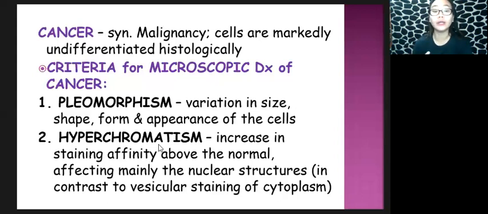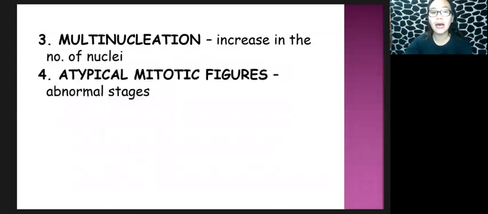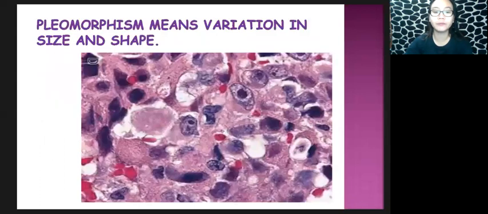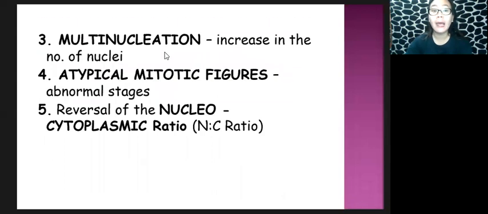This is in contrast to the vesicular staining of your cytoplasm. When we say vesicular staining, it seems not homogeneous, so there seem to be vesicles in the cytoplasm. Another criterion is that your cells also exhibit multinucleation. This pertains to the increase in the number of nuclei of your cells.